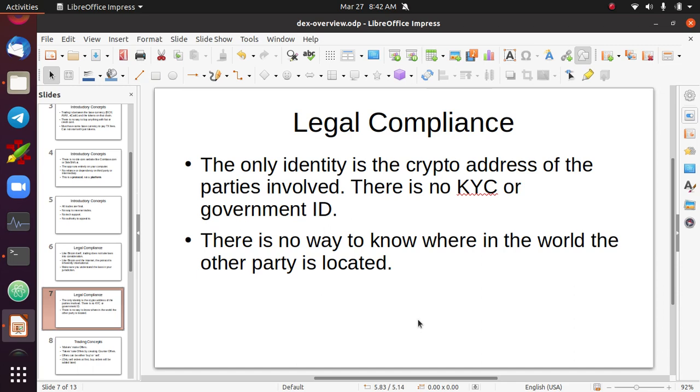As a result, there's no way to know where in the world the other party is located, because the network doesn't take geographic location into consideration. If they're in Russia, or North Korea, or Canada, or Mexico, there's just no way to know, because it's just an address, a crypto address on the network, and geographic location is not taken into consideration by the base protocol.